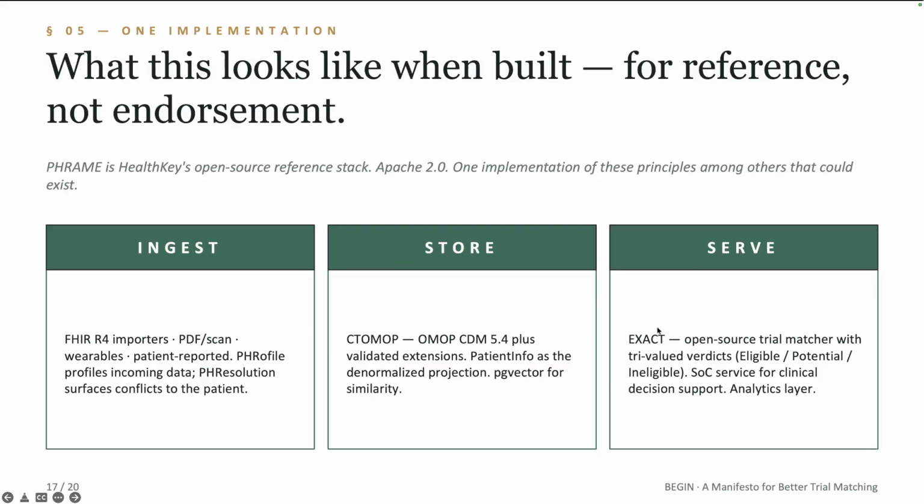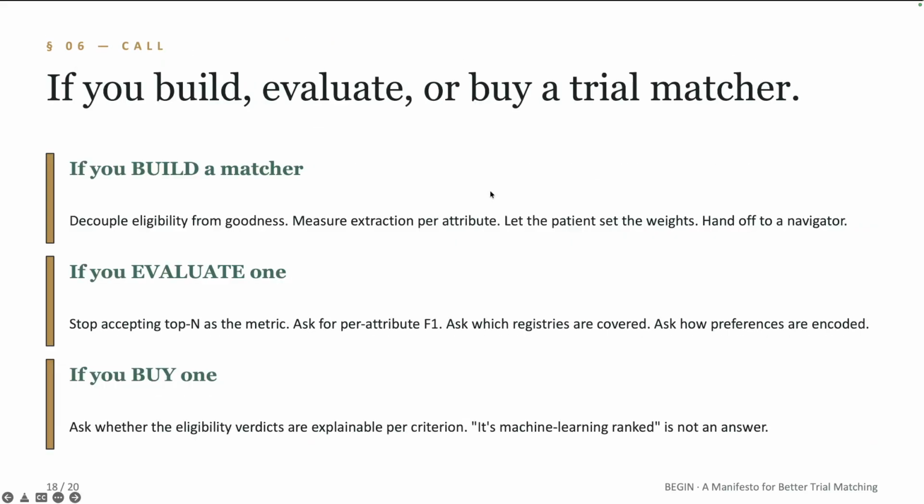And then the exact open source matcher is also there if you go to the HealthKey site. But the important thing is, and of course, these are all free and open source, but you can look at these projects to see especially the exact project, does it comply with these principles?